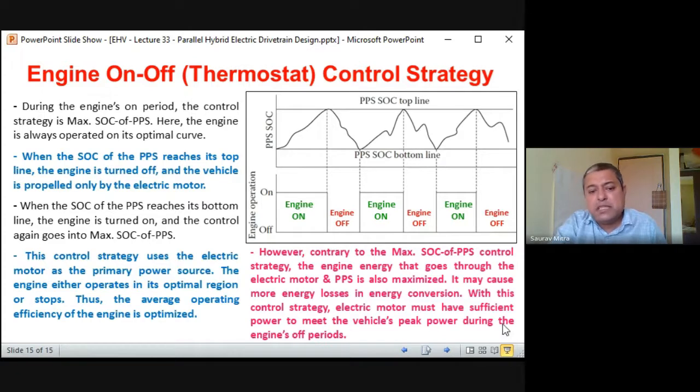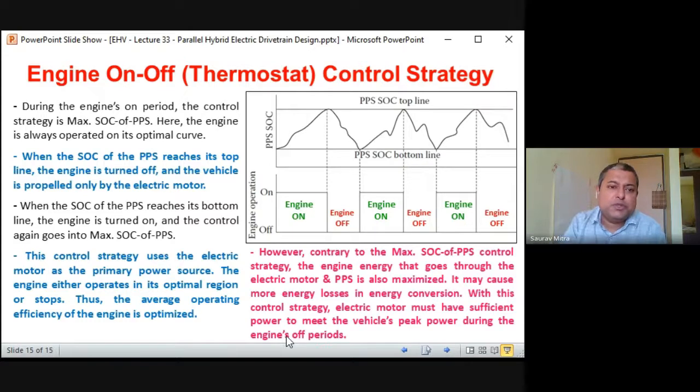That means the PPS must have sufficient power to meet the vehicle's peak power during the engine's off period. Because when the engine is off, even if there is a sudden requirement of power, everything has to be supplied by the PPS or motor only, because the engine is off here due to thermostatic action. So the only caution is, with this control strategy, the electric motor must have sufficient power to meet the vehicle's peak power during the engine's off period.